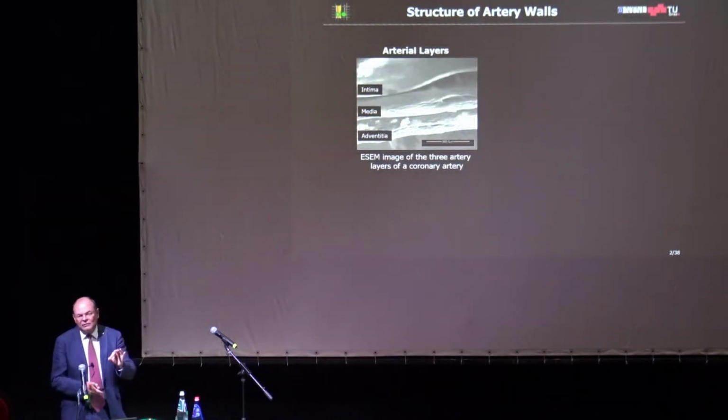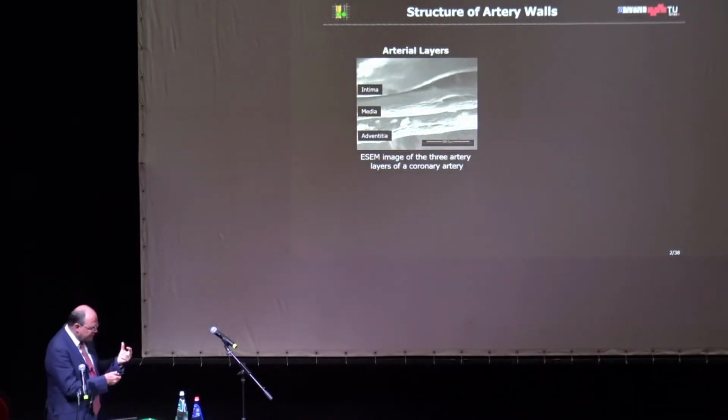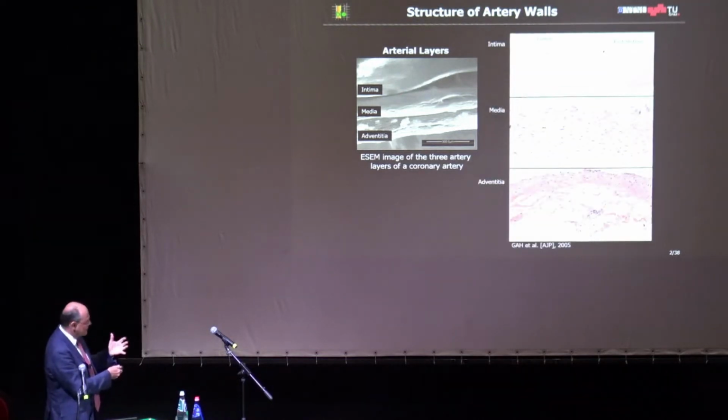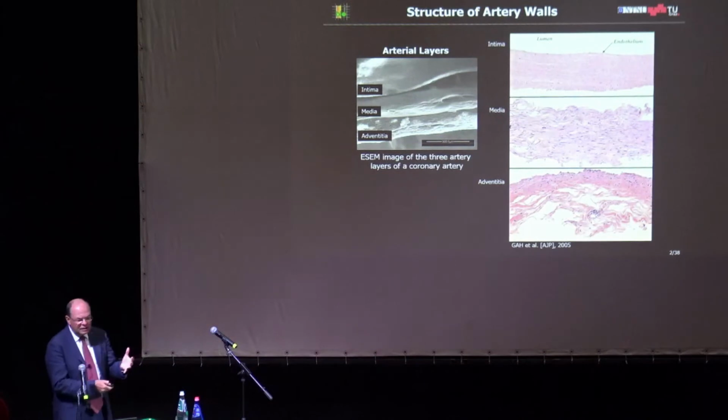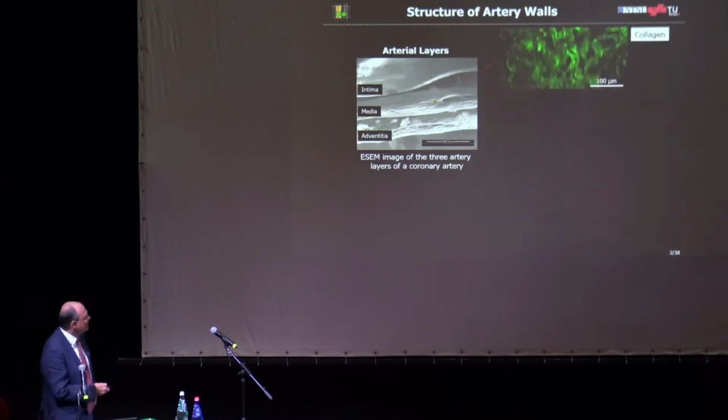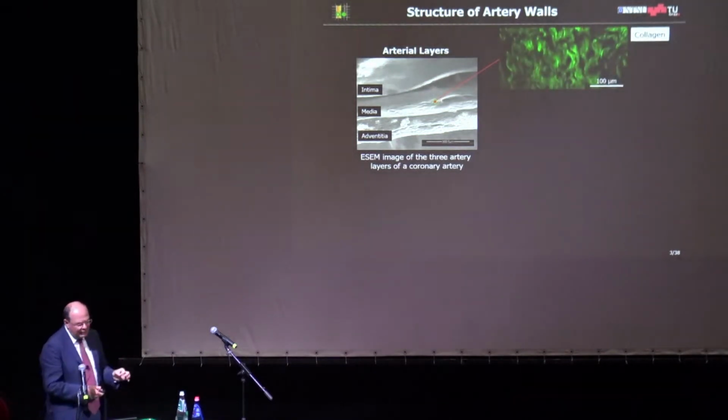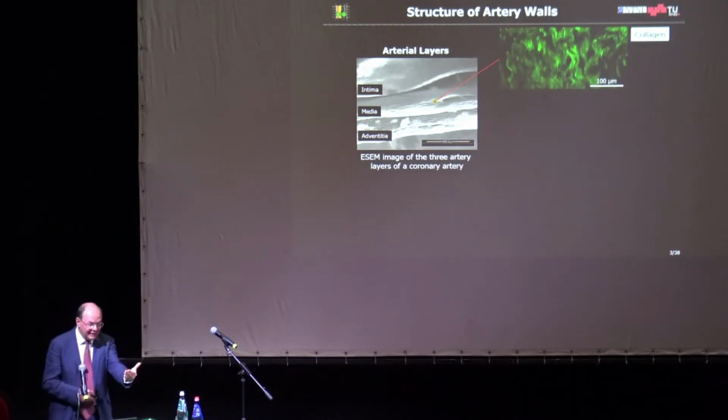When you look at the artery, you have 3 layers, and all these 3 layers are load-bearing: the intima, media, and the adventitia. Here you see histological sections, and these are different materials. They have different functions and a different microstructure. Basically, one layer consists of a couple of components which come together to a composite, very similar again to concrete.